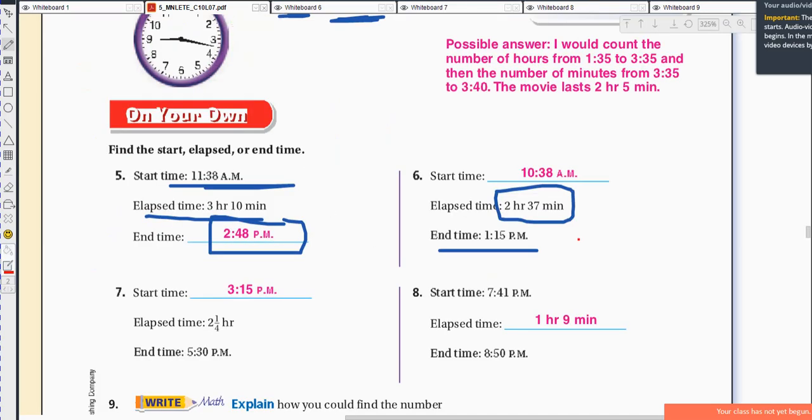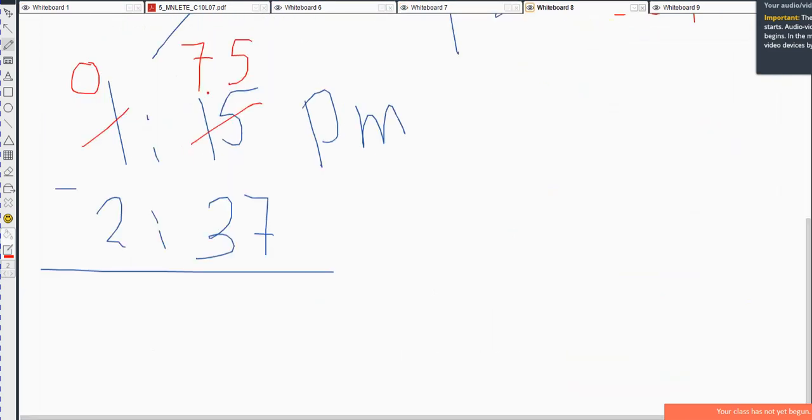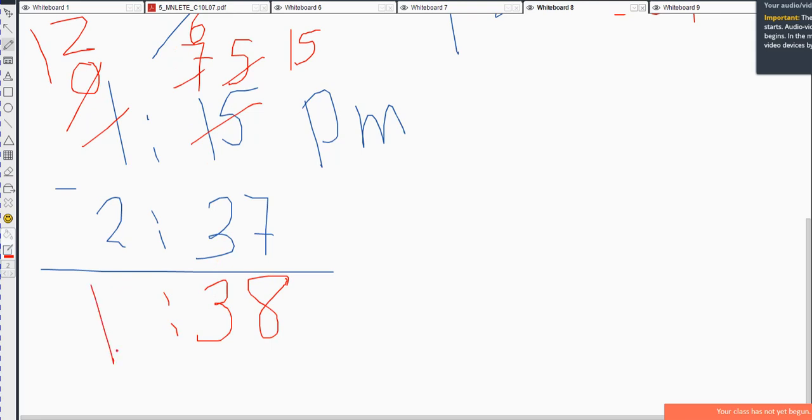So 5 minus 7 can't be, so it will be here 6, and this will be 15. 15 minus 7 equals 8, and here 6 minus 3 equals 3, and 12 minus 2 equals 10. So it will be 10:38 a.m.